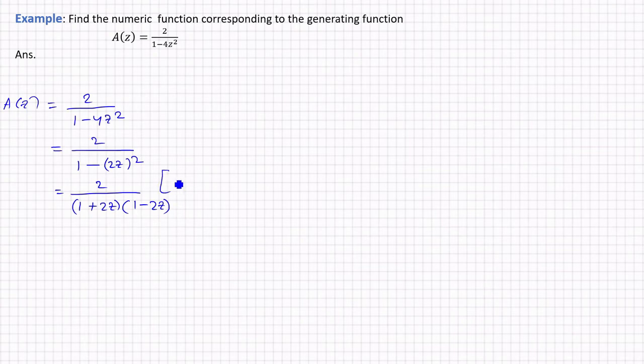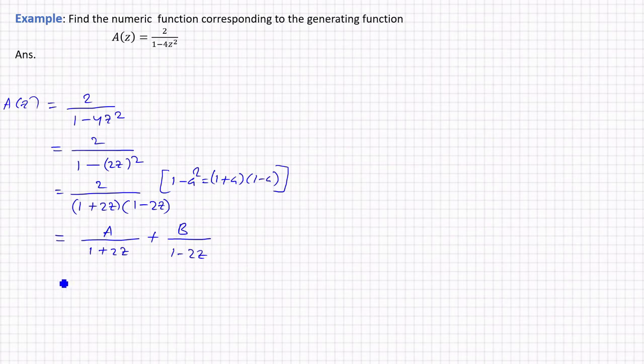So the formula is 1 minus a square is equal to 1 plus a into 1 minus a. Now we'll do the partial fractions here. So it can be written as a divided by 1 plus 2z plus b divided by 1 minus 2z.